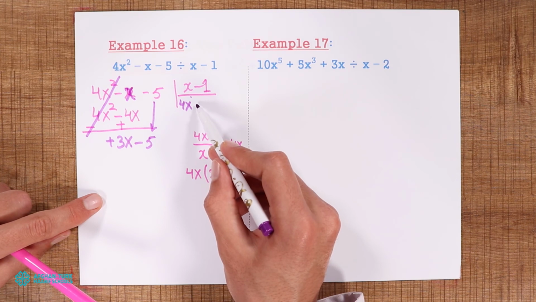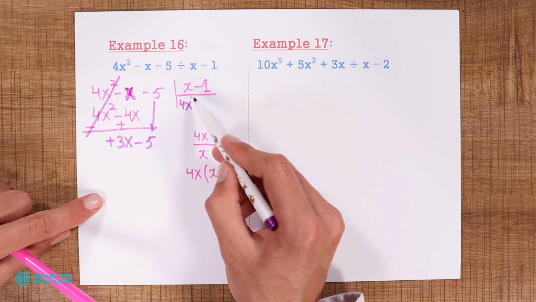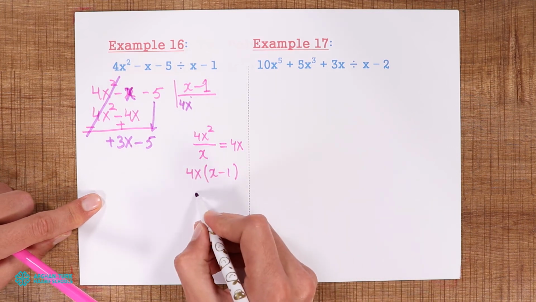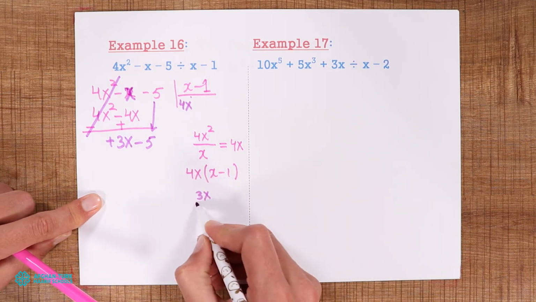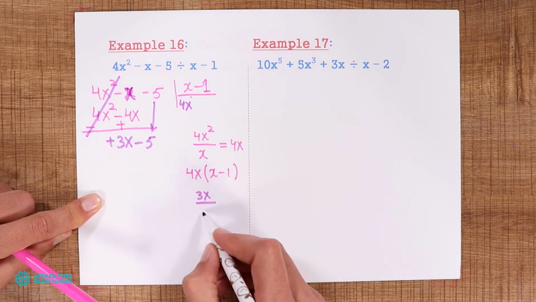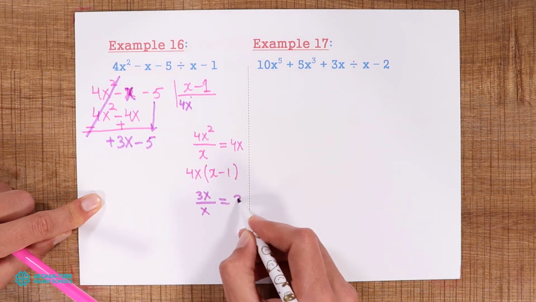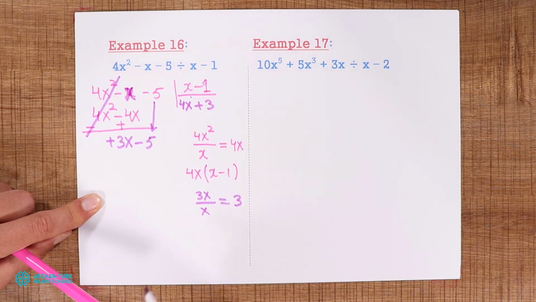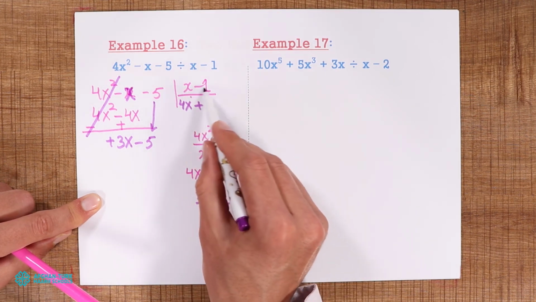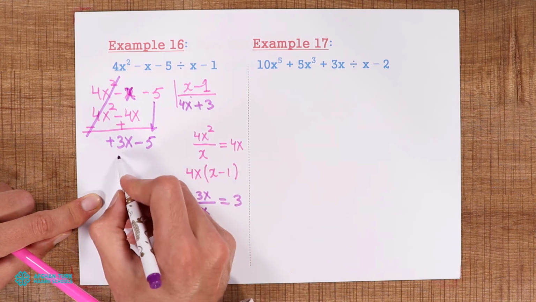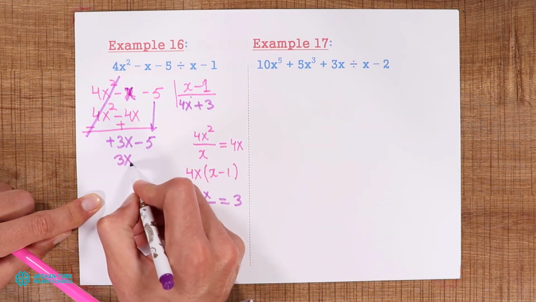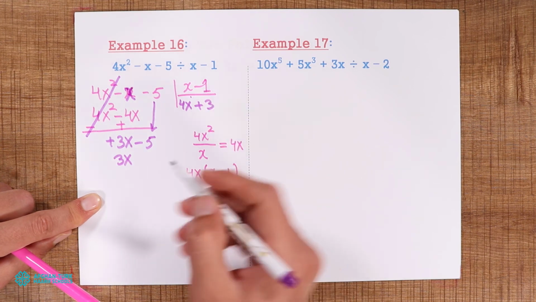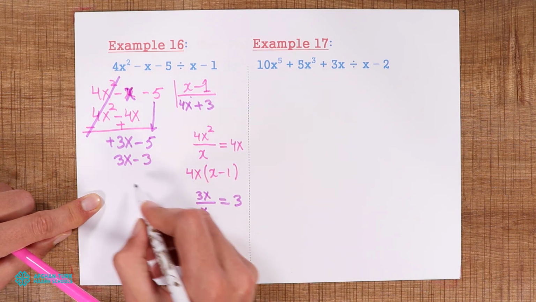The same operation will be continued like this. It means find a term which, if you multiply it with x, gives 3x, or easily, if you divide 3x by x, it will be 3. Multiply 3 by all the terms here. 3 times x is 3x, and 3 times minus 1 will be minus 3.